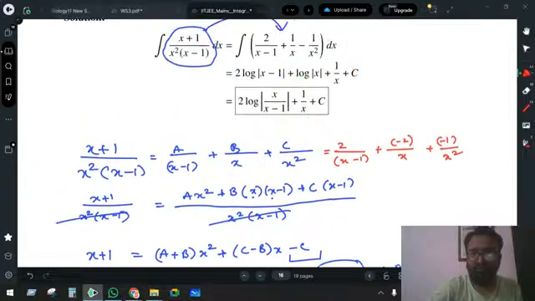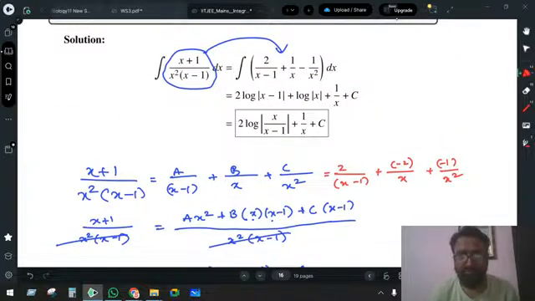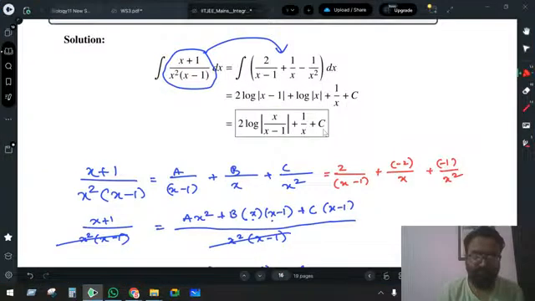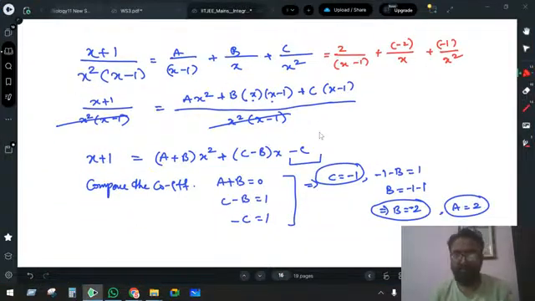He made a mistake then. He got B is equal to 1? Let me check. What is the B value? C minus B is equal to 1.